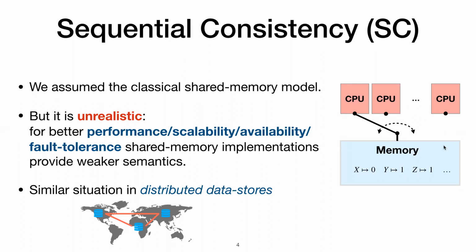To improve performance, they have various optimizations, and shared memory implementations provide us weaker semantics. You can get a lot of intuition, especially for this talk, by thinking about a similar situation in distributed data stores. If I have a data store that is distributed in several places in the world, and I want sequential consistency, I'll need to do consensus after every step.